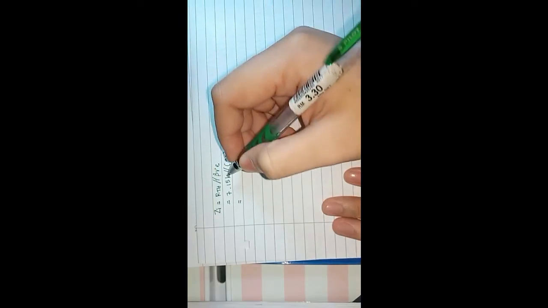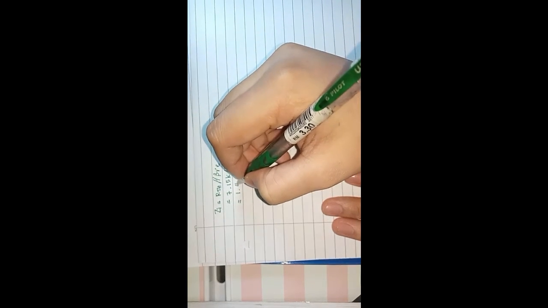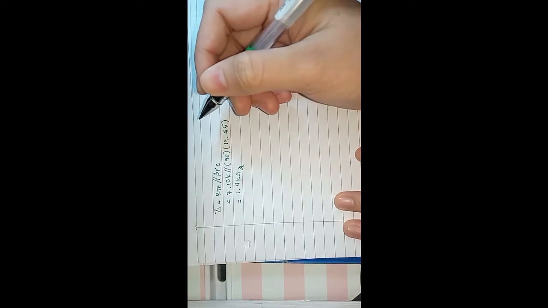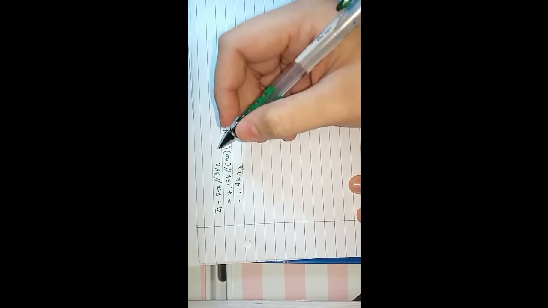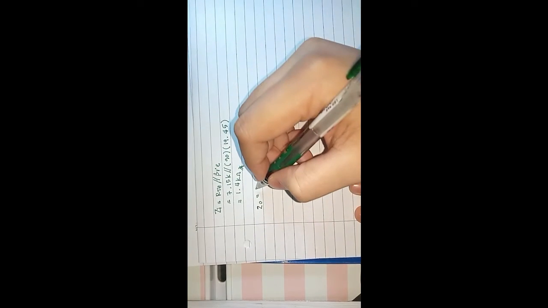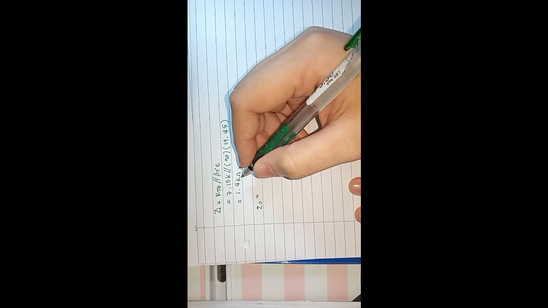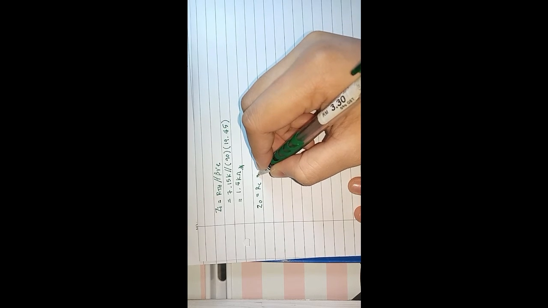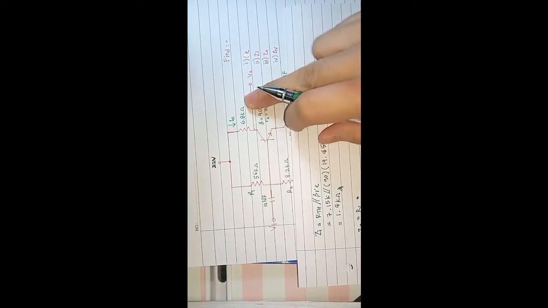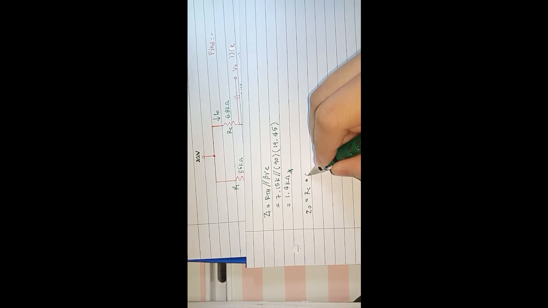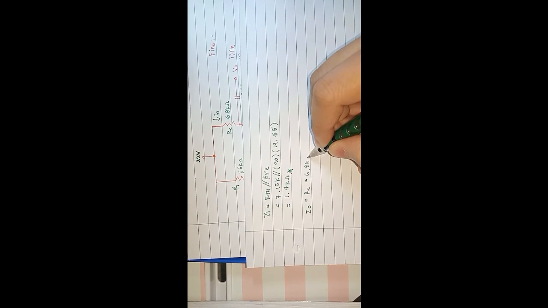So we will get the value of ZI is 9.4 kilo ohm. And then to find the value of ZO, it is equal to RC, which is right here. This is RC, which is 6.8 kilo ohm.